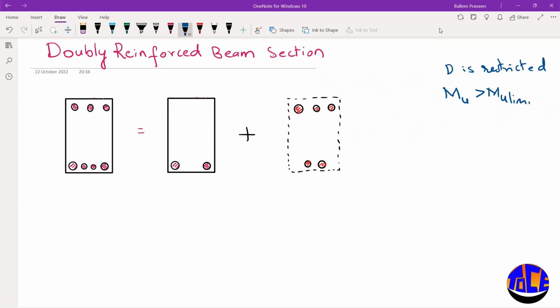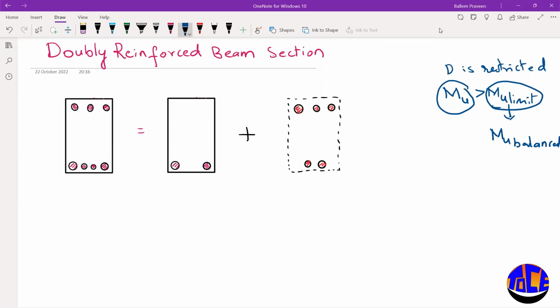So what is Mu limit? Mu limit is the maximum moment that can be allowed on the beam. Mu is the moment that you are getting because of the loads, right? Or else this Mu limit can also be called Mu balance, that means the moment for a balanced section.